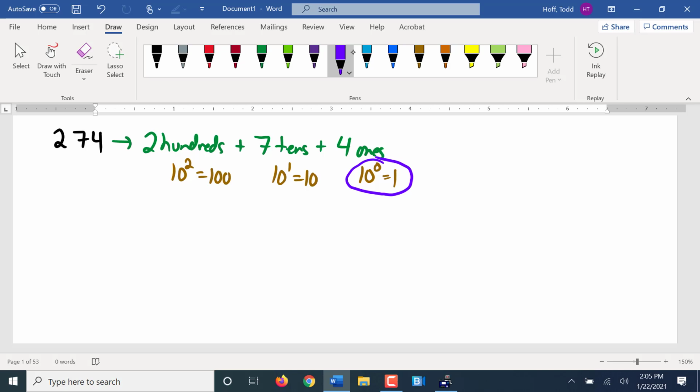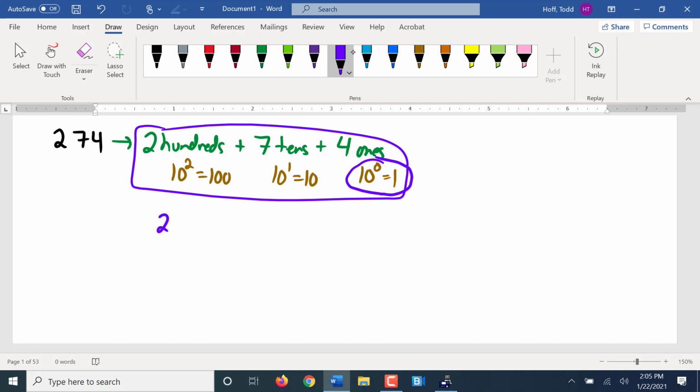Well, when we write out our whole numbers like this, we could actually abbreviate it and write, instead of writing out hundreds, 2 times 10 squared plus 7 times 10 plus 4. We don't need to write the 10 to the 0 or the 1s there. We just imply it if there's no place value written, that that's the 1s.